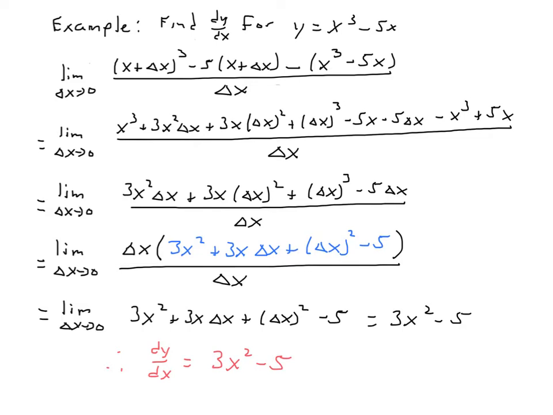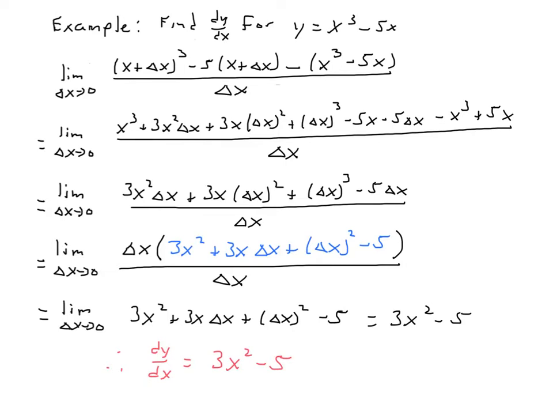The first one we're going to work with here is we want to find dy dx for y equal to x cubed minus 5x. Okay, so what I have to do on this one, remember the definition of the derivative. It's going to be the limit as delta x approaches 0 of f of x plus delta x minus f of x all over delta x.